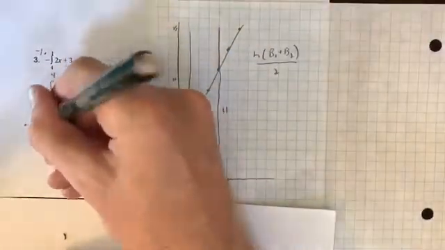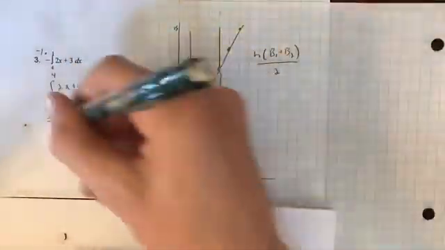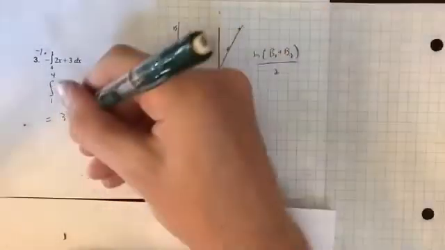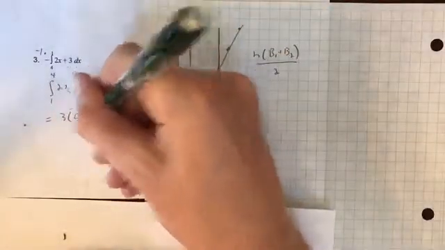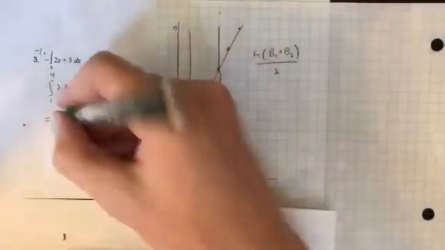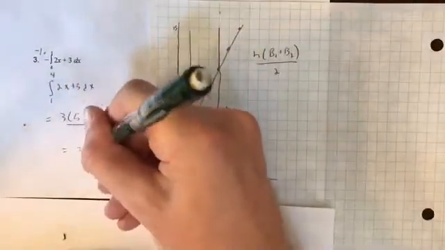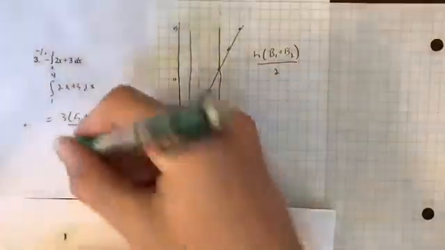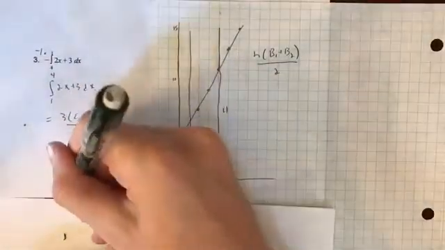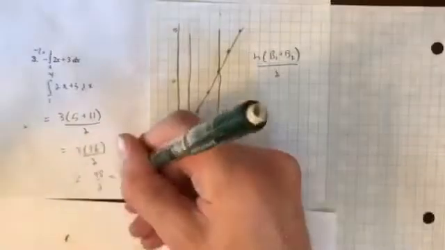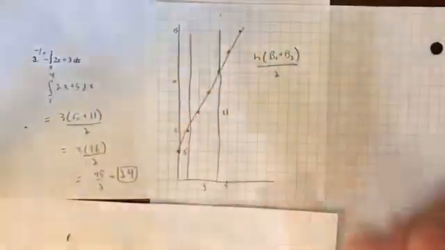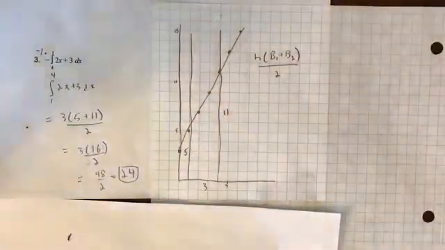So in this case, the height is 3, base 1 is 5, base 2 is 11, and you divide by 2. So you have 3 times 16, all divided by 2, which is equal to 24. And there you have it, graphically the area of this integral.